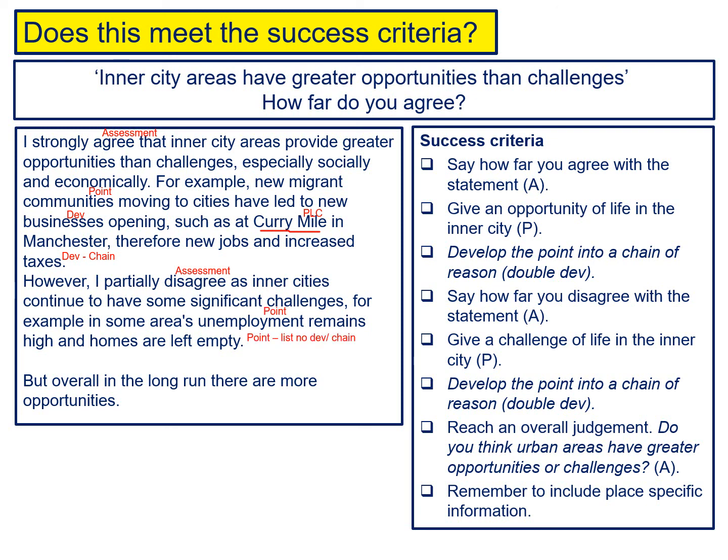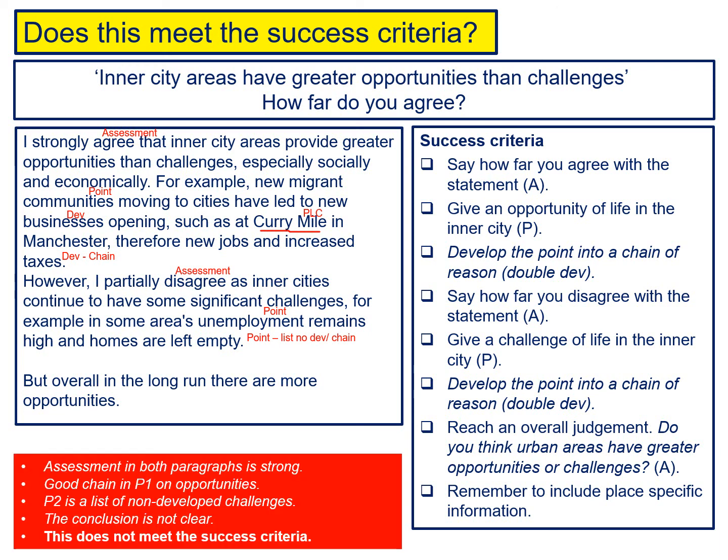They've given a point, but they do not give a chain of reason. So overall, assessment in both paragraphs is strong. There is a good chain in paragraph 1 on opportunities. Paragraph 2 is a list of non-developed challenges. The conclusion is not clear, so therefore it does not meet the success criteria.